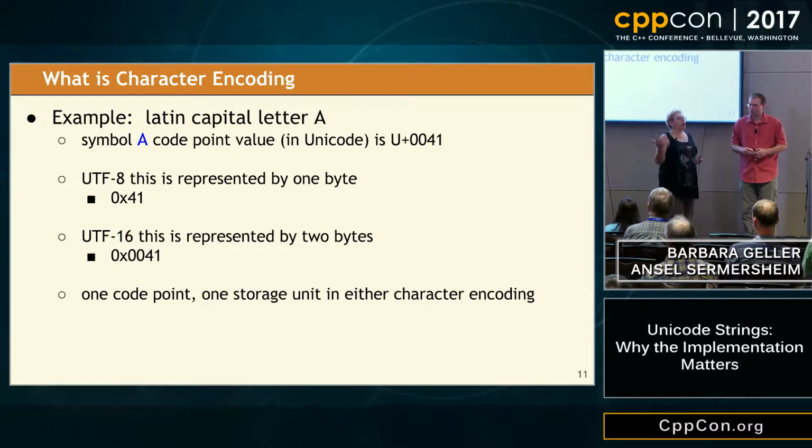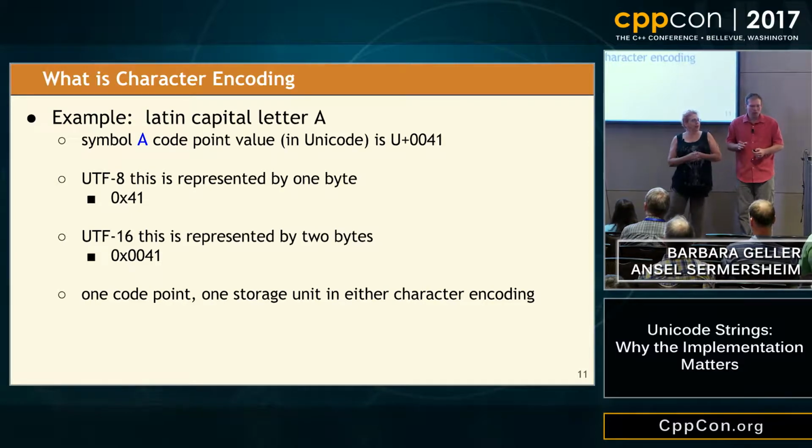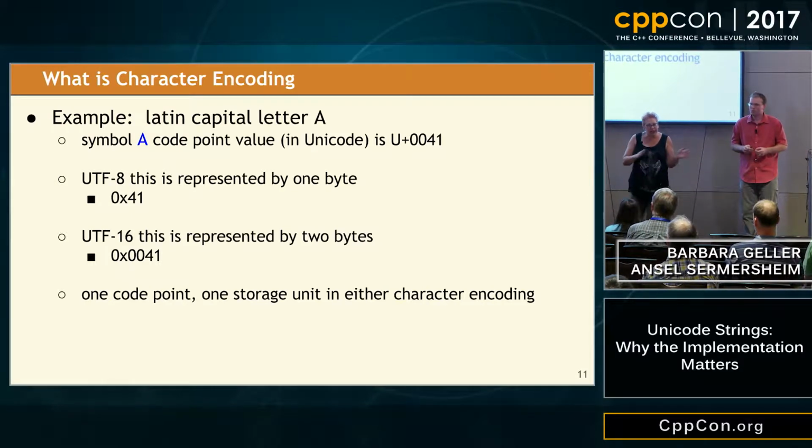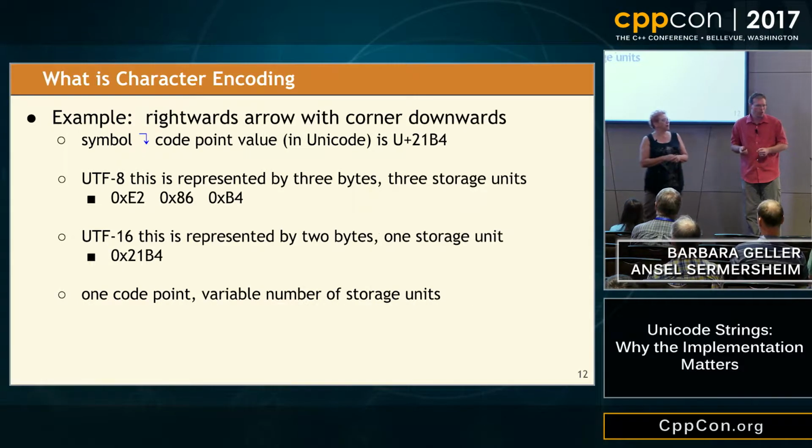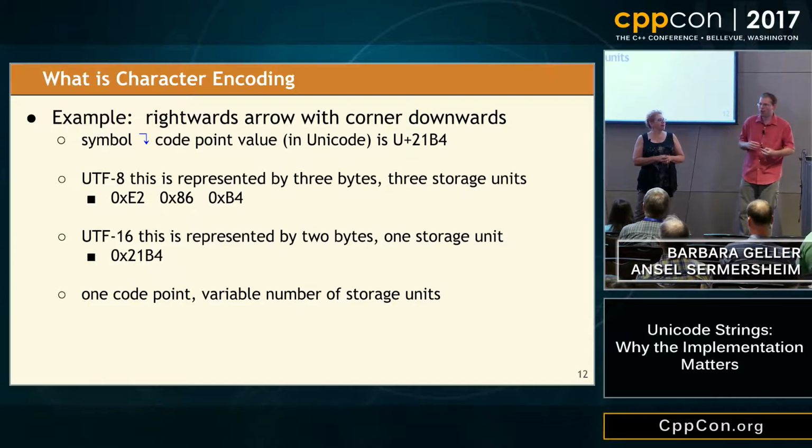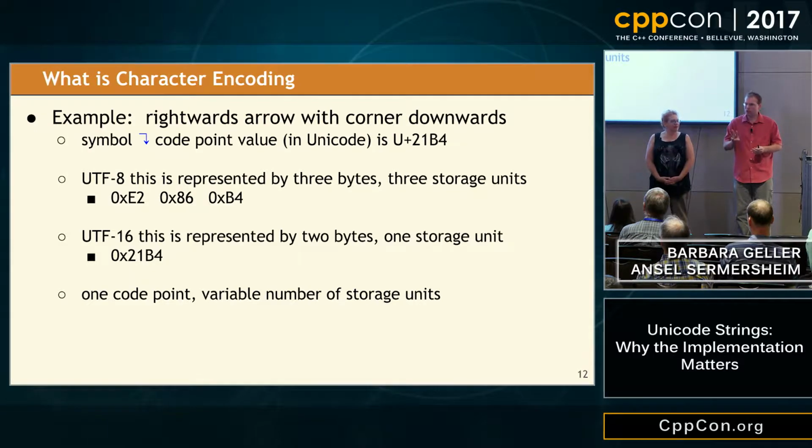What becomes a little more complicated is if we move to letters that are outside this range and we need more bytes for encoding. So for example, there is a symbol in the symbol area of Unicode called the rightwards arrow with corner downwards. It looks like this, and you'll note that every Unicode symbol is uniquely identified by 3 things that go in concert.